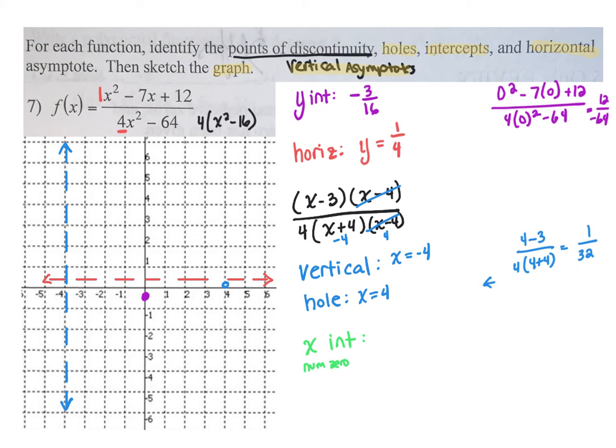We've already established that as a whole, okay? So my numerator is 0 at 3 and at 4, but I've already gotten rid of 4. I've already told you what happens at 4. A hole happens at 4. So the only x-intercept I have is at 3. So my x-intercept is 3. So I'm going to go to 3 and put my x-intercept right here.